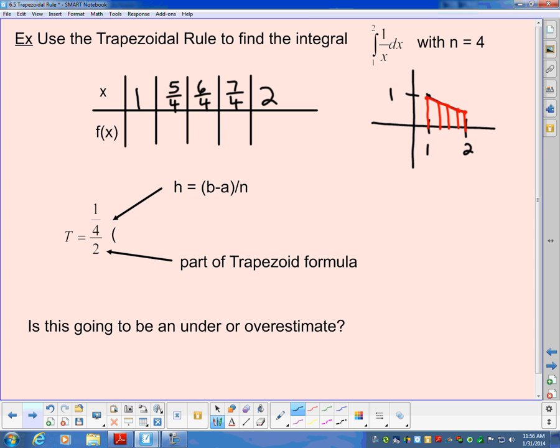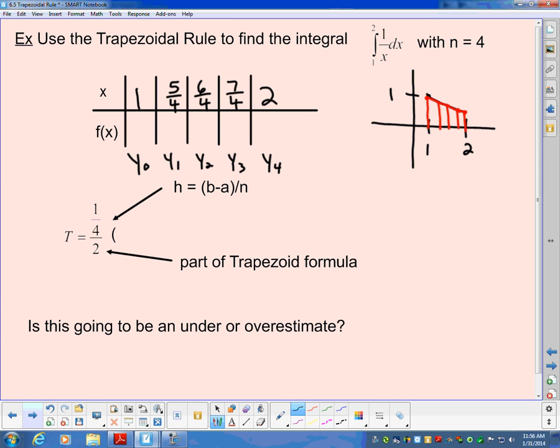So those are the values of x that I'm going to plug in to get my y naught, my y1, my y2, and so forth. So here you'll get your y naught, y sub 1, y sub 2, y sub 3, y sub 4.